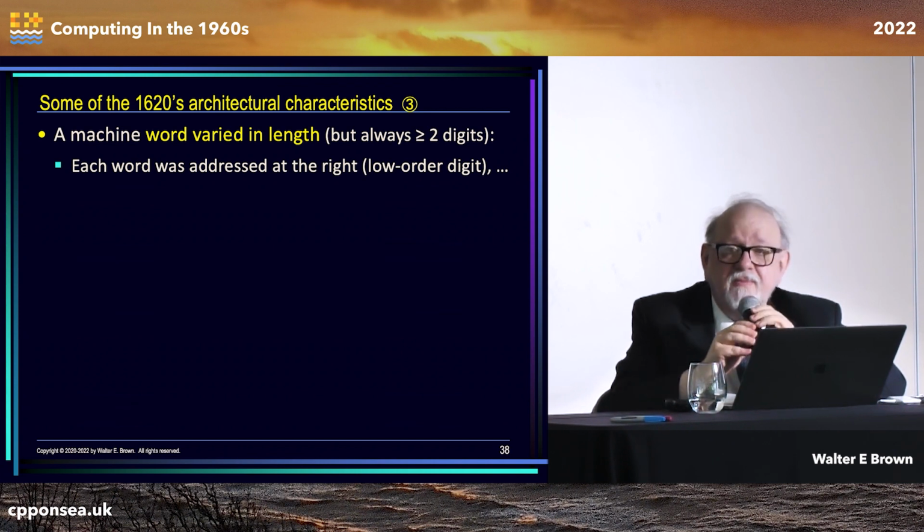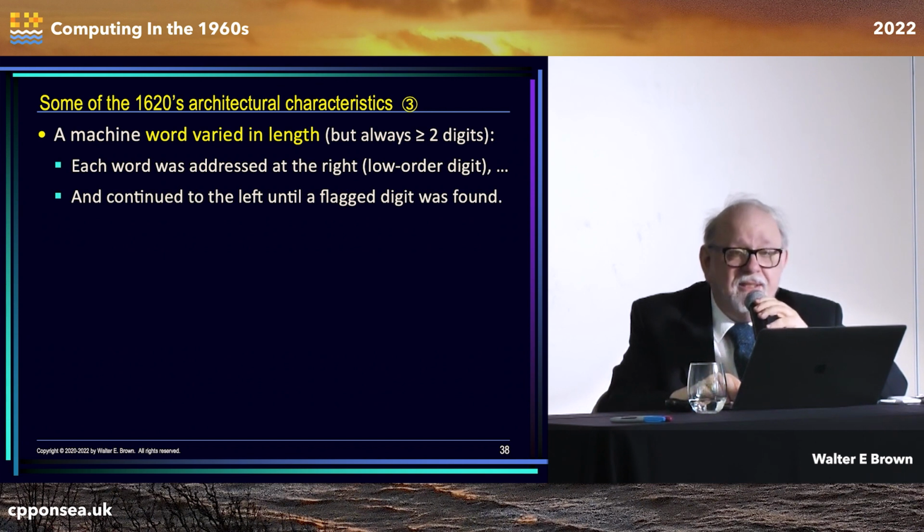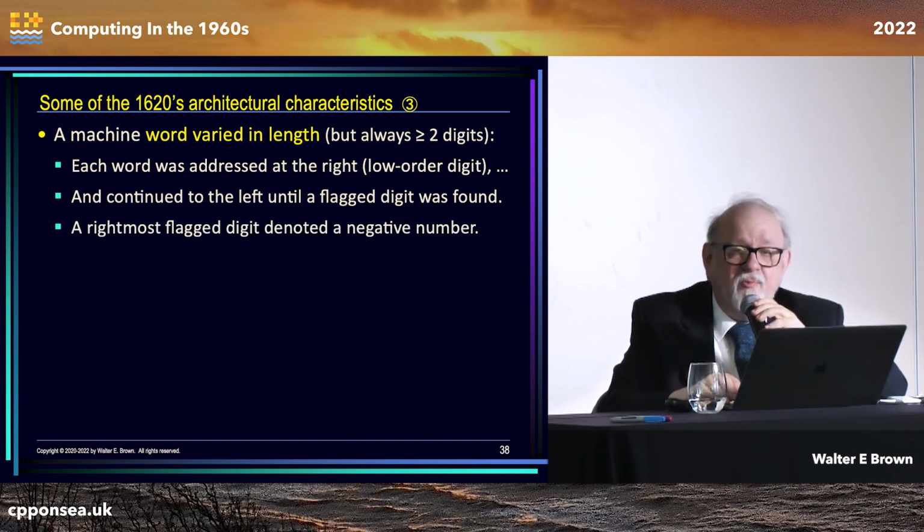You addressed from the right, and it continued to the left until you found a digit whose flag bit was set. That marked the end of the word. Okay? If the rightmost digit was flagged, that was a negative number. That was your sign bit.